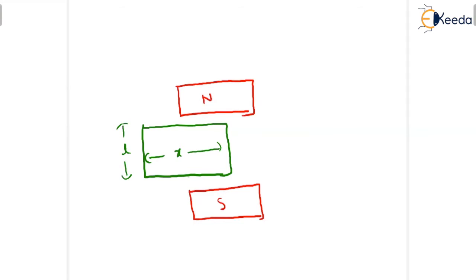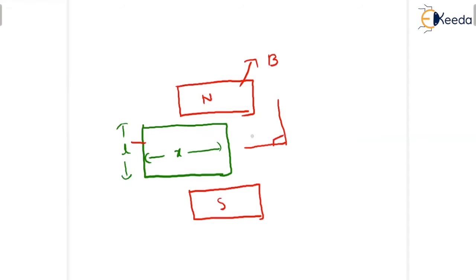This is a rectangular loop of wire, placed in a uniform magnetic field B, and the field is at right angles to the loop, my dear students.